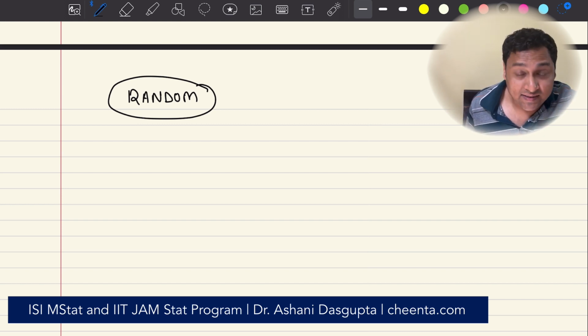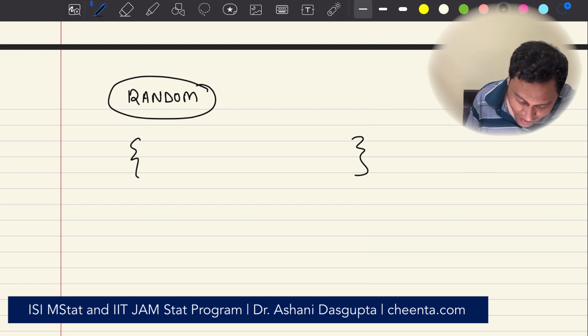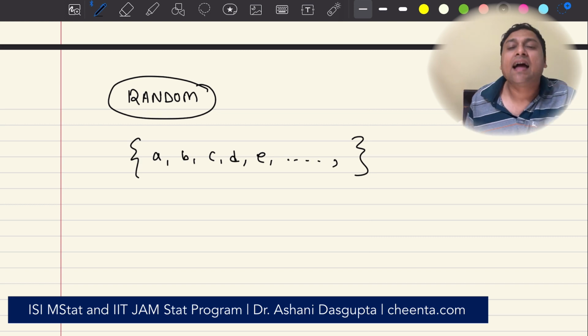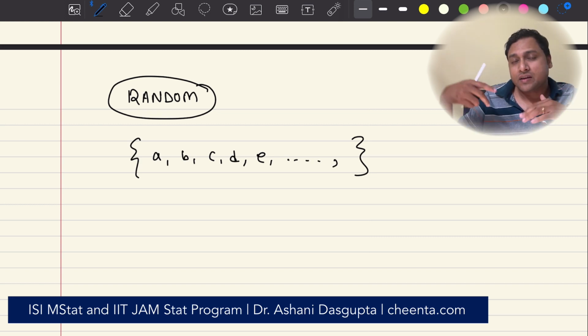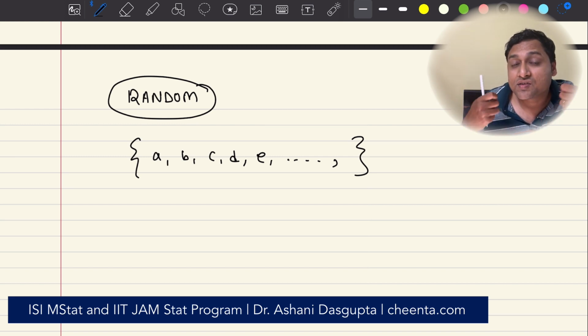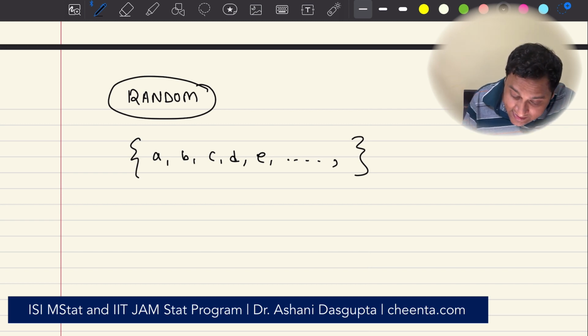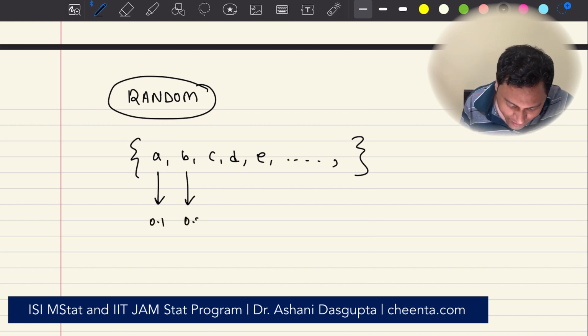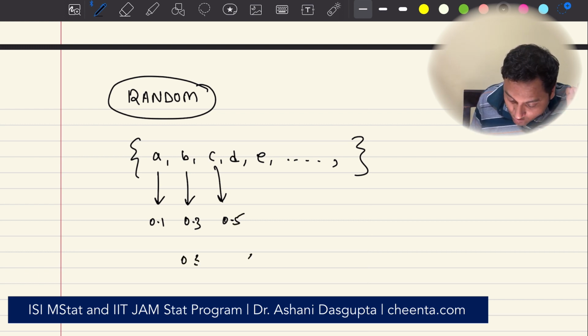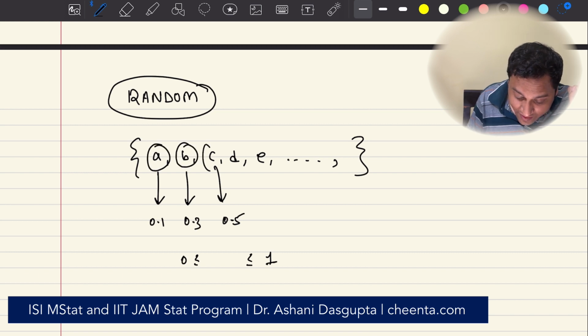What probability does is that it takes a set of objects, A, B, C, D. In the discrete case (the continuous case I will probably talk about in a different video), it assigns some number, maybe 0.1, maybe 0.3, maybe 0.5, some number between 0 and 1 to each of these elements.